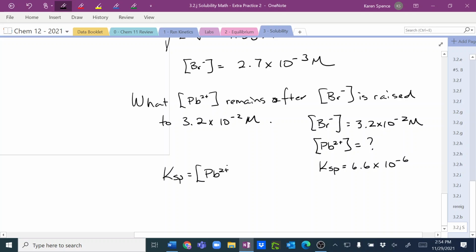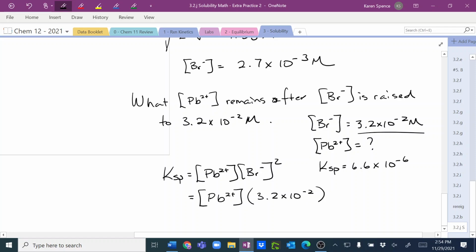Pb2+ times Br minus squared. So we're going to plug in: Pb2+ times 3.2 times 10 to the negative 2, squared. And Ksp is 6.6 times 10 to the negative 6.